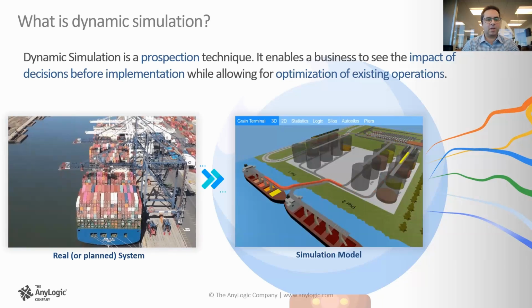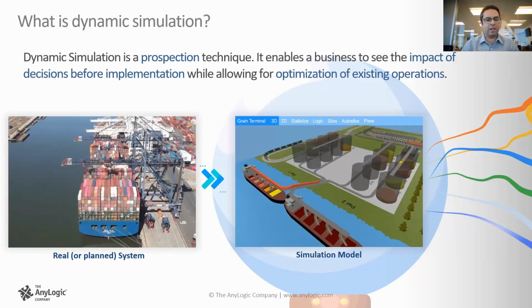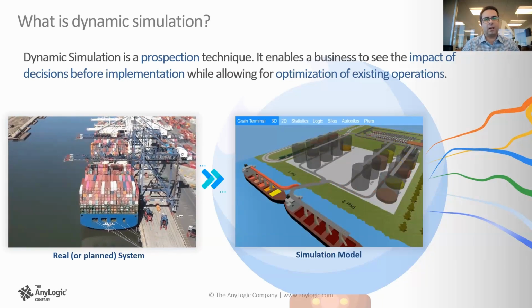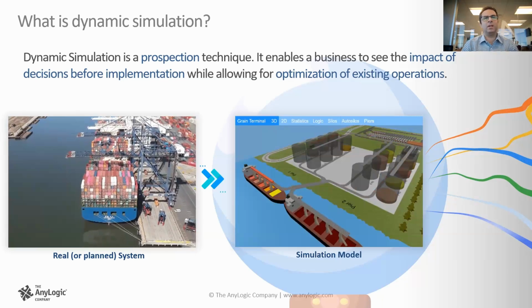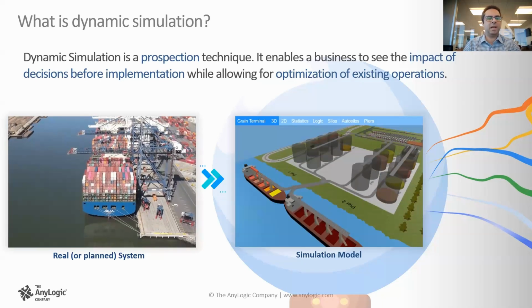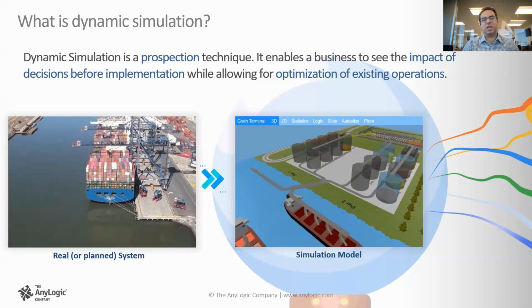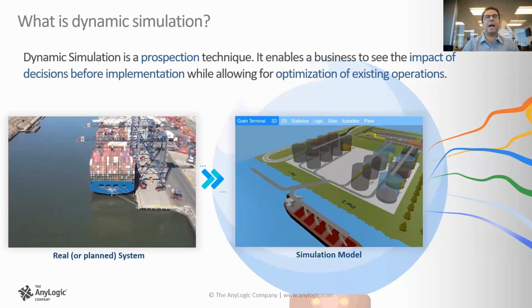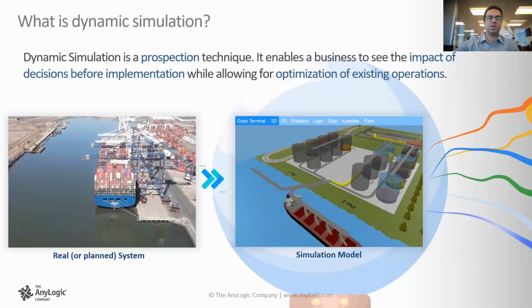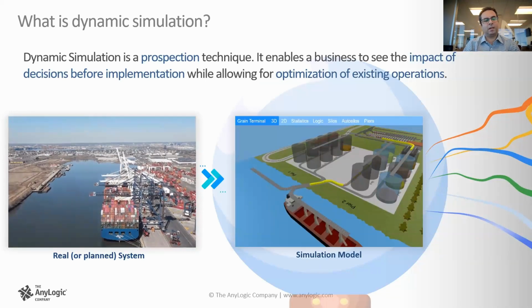So let's start with some of the basics and some definitions to make sure we are on the same page. The first thing that I wanted to discuss is what is dynamic simulation and why we use it. One easy way to describe it would be that dynamic simulation is a prospection technique which enables businesses to see the impact of decisions before implementation of those decisions.